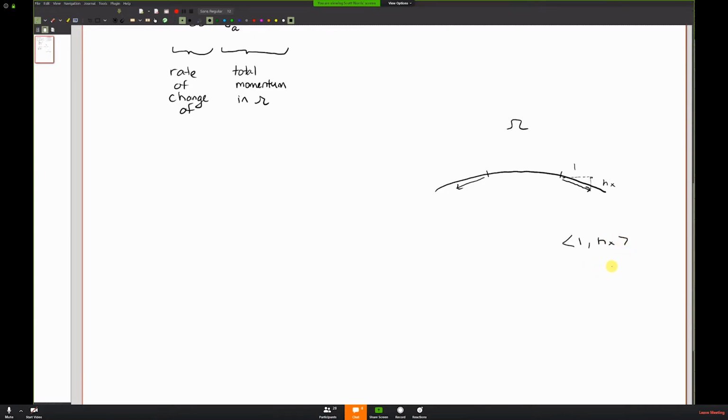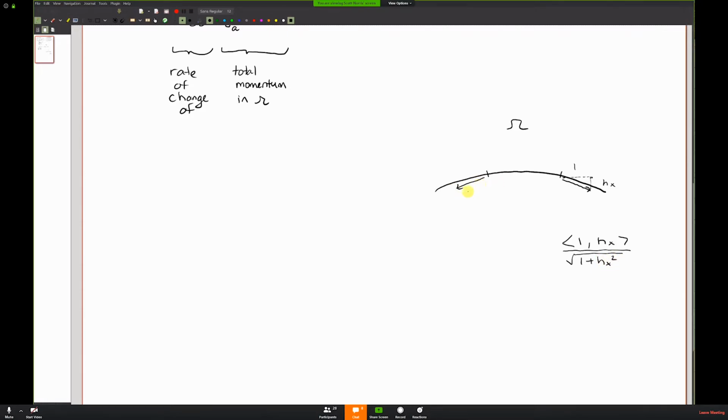However, that's not a unit vector, all right? And how do I make things into a unit vector? Does anyone remember from Calc 3? Divided by its magnitude, which in this case is the square root of 1 plus h_x quantity squared.